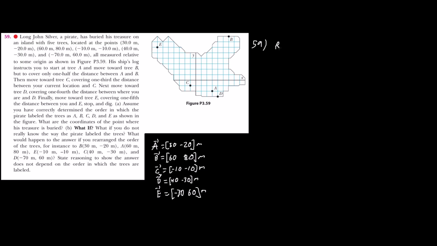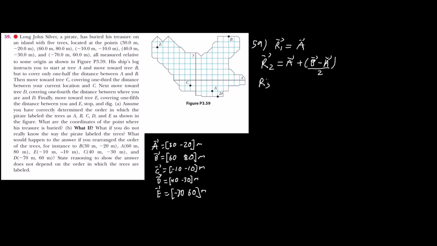I'm going to put R1 as the first position, the vector A. So once you start at vector A, you move in the direction towards tree B, but cover only 1/2 of the distance between A and B. So that's another way of saying that R2 starts at A, and we take the difference, vector B minus vector A, and cover 1/2 of that. That gets us to the point R2, whatever that value is.